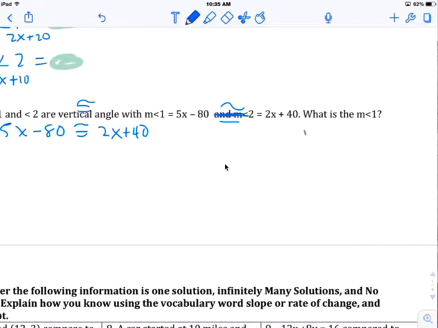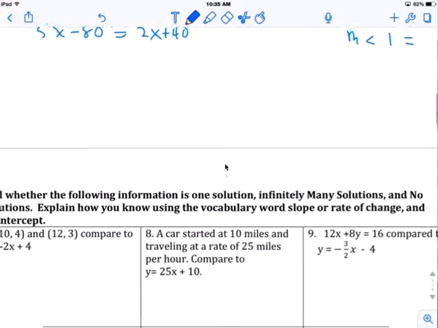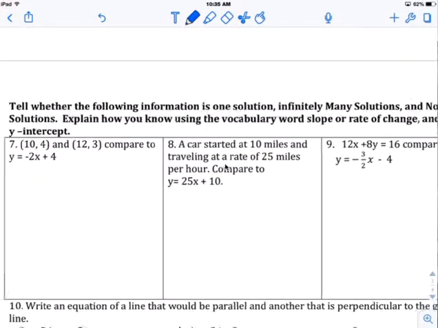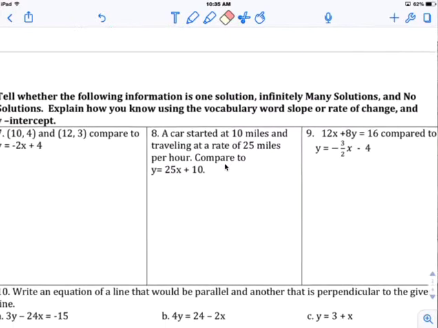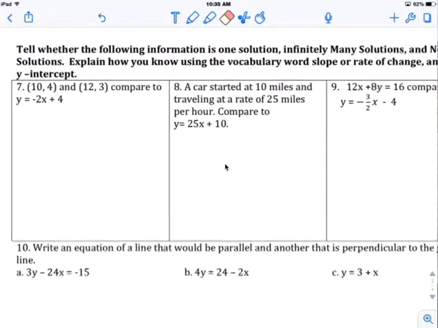What's the measurement of angle 1? I'm going fast, but you're going to pause and do your work and get your answer, okay? Because if I do every single problem, it takes up too much time and takes forever to upload.